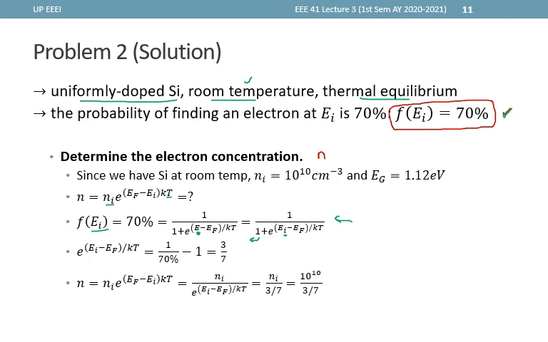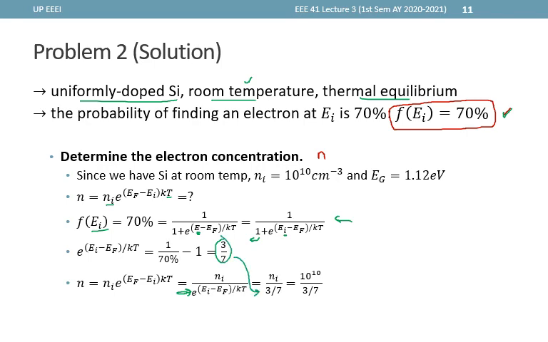However, the equation uses e raised to (EF minus EI), but we know EI minus EF. But this is just equivalent to putting it in the denominator here, and making it e raised to (EI minus EF), and we already know its value, which is 3 over 7.